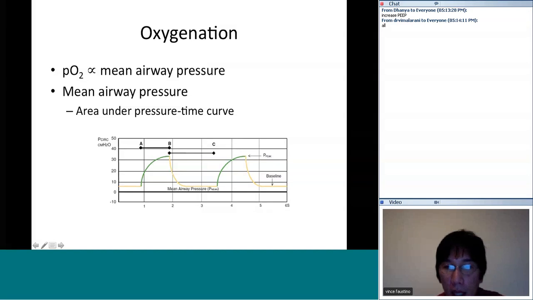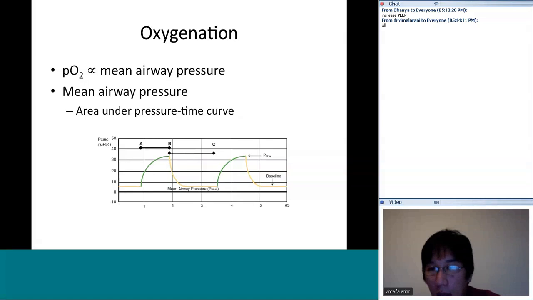Another way is increasing your I time, from point A to B. If I move that up to here, then the area under the pressure time curve also increases. And the most obvious thing is if you bring up your inspired O2, then more often than not, their PO2 is going to go up. Again, that's true for most cases, except if you're dealing with a huge intracardiac shunt, in which case increasing your FiO2 is not going to increase your PO2.